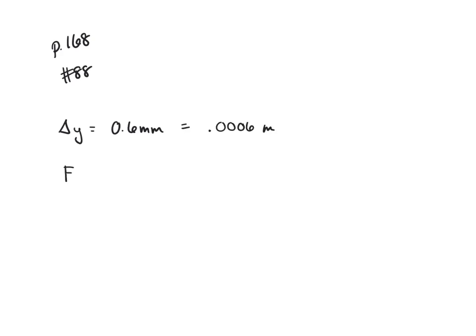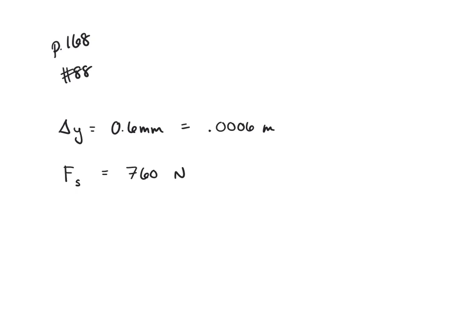Now the force felt by the spring or the scale tells us that your weight is 760 newtons. Okay, so that's what we've got. The force of the spring scale tells us that it's 760 newtons that the scale is reading as a result of this.